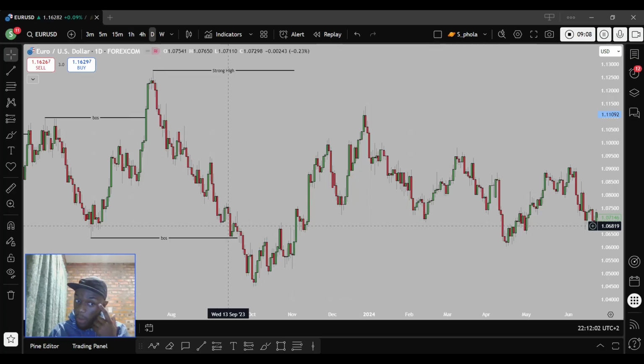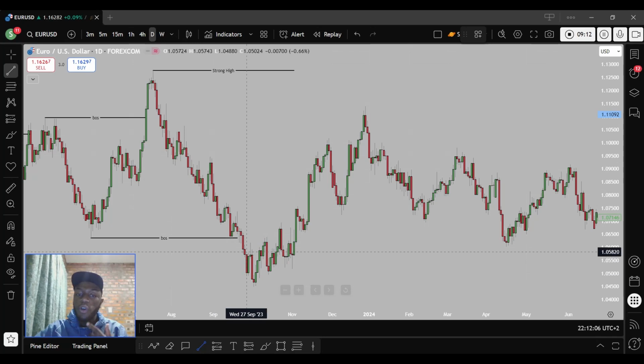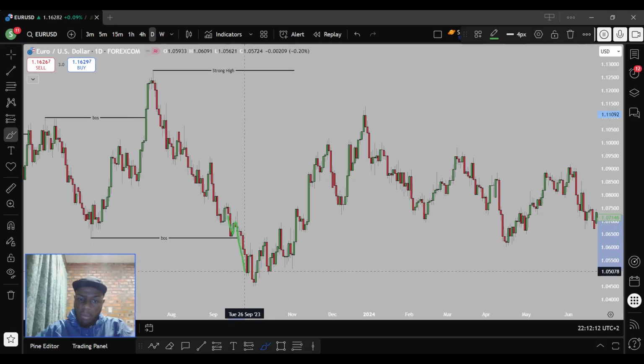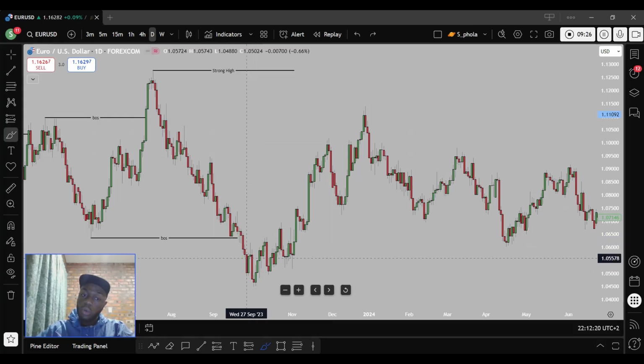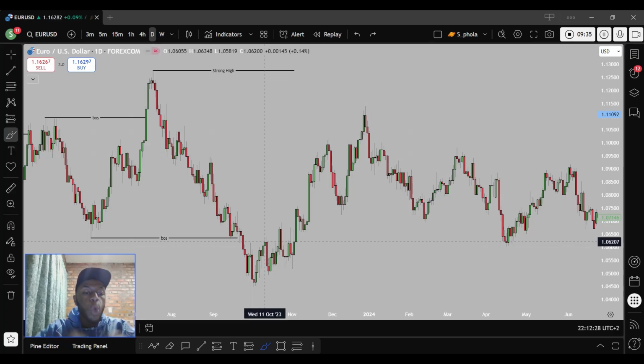We spoke about this minor structure, which is not as big to be considered a swing pullback. So when this minor structure gets broken, it symbolizes a potential pullback.